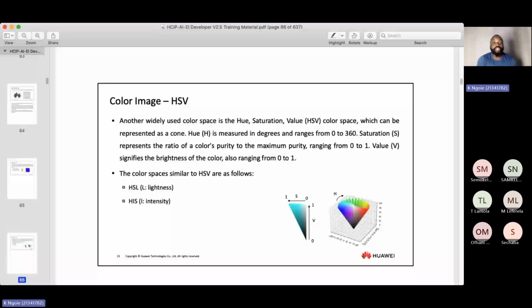That can be an issue. So HSV is very important because it can also consider the brightness and change in terms of percentages. So it has more details than the other system, the RGB. Okay.